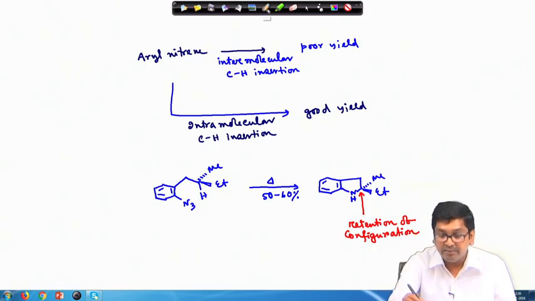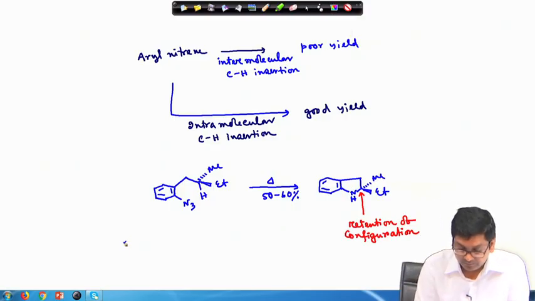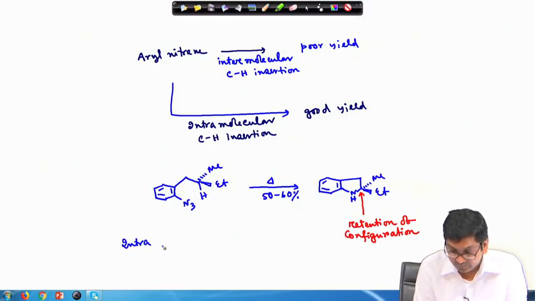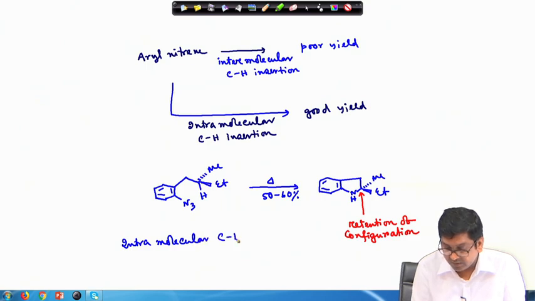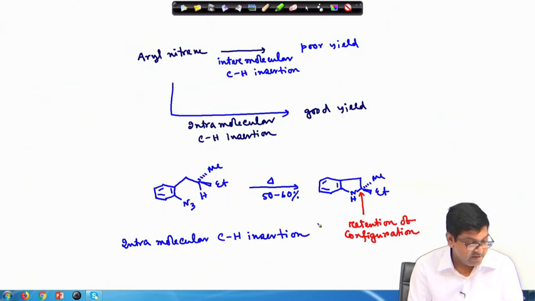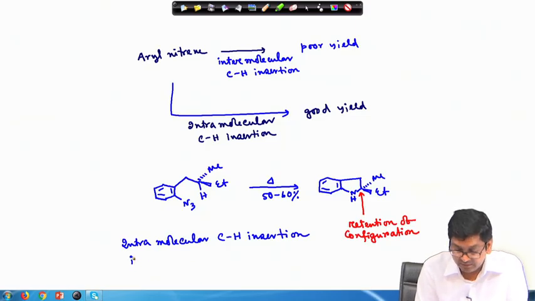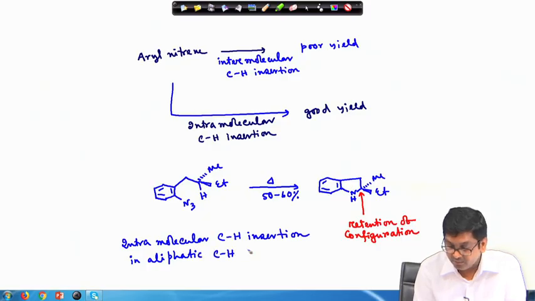So, what is happening here is the intramolecular CH insertion in an aliphatic carbon hydrogen bond.